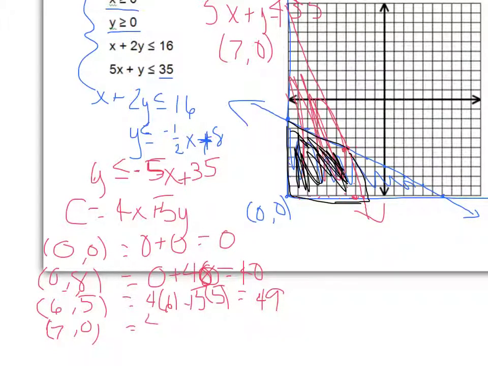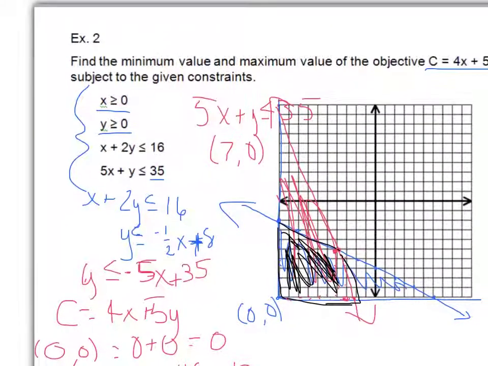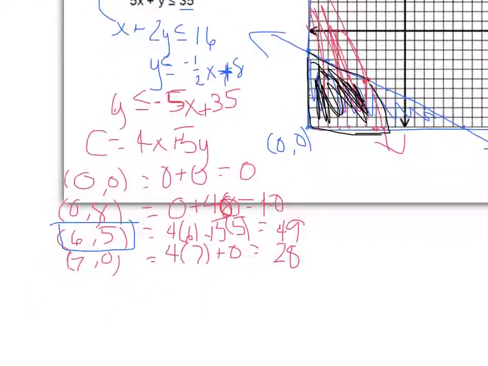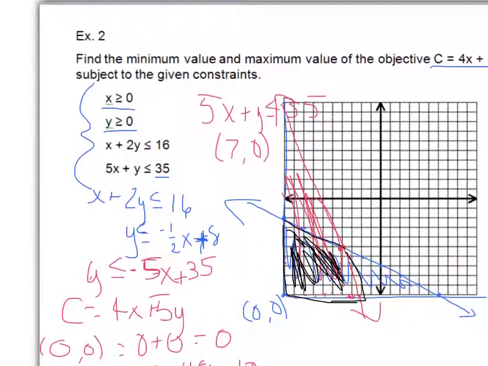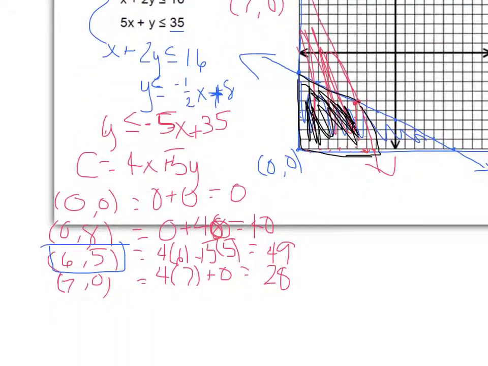And this would be 4 times 7, which is 28, plus 0, which is 28. So my maximum is (6, 5). So what that means for my Potter is, or I'm not doing a Potter example this time, am I? Nope, that means just that my maximum is (6, 5). I need to find the minimum. I'm going to label this one max. My minimum is (0, 0).